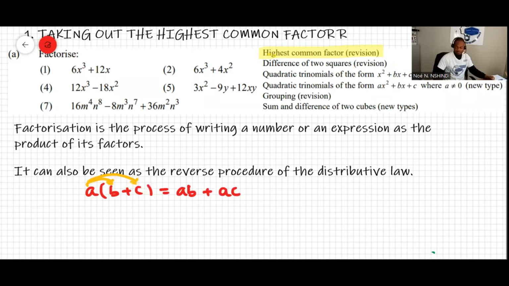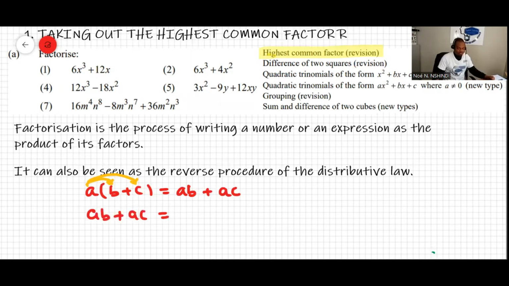Now, this time we will not be given the left hand side, but what is on the right hand side. So it's like AB plus AC, and then they say write it in terms of its product. In other words, factorize.